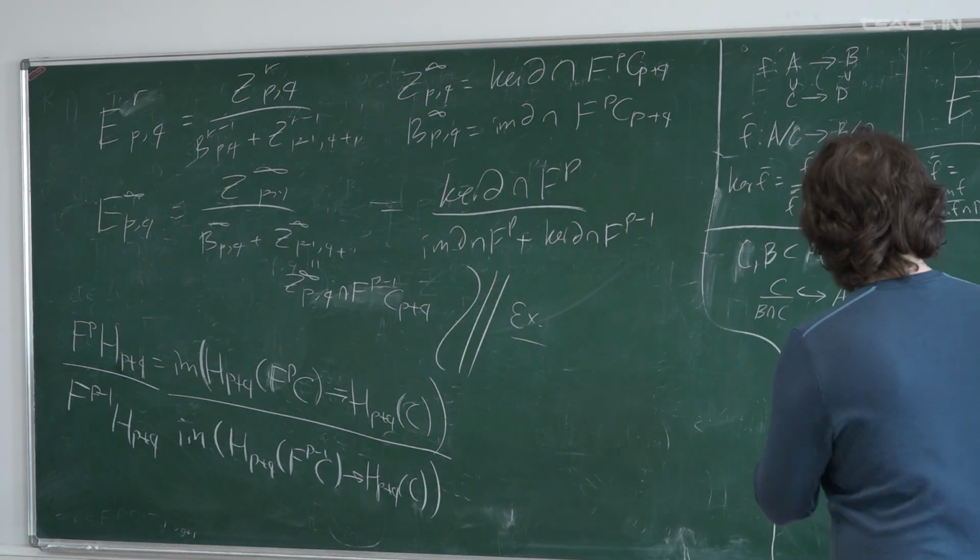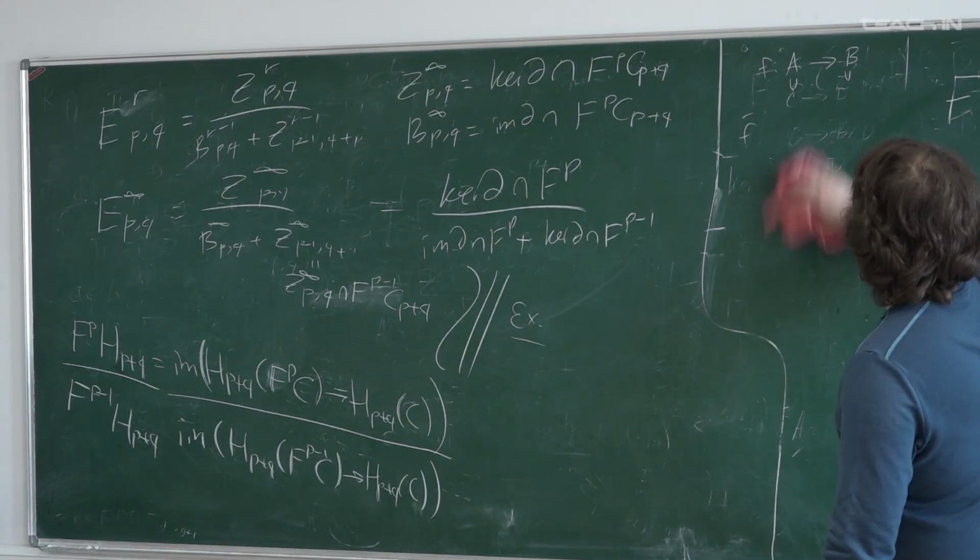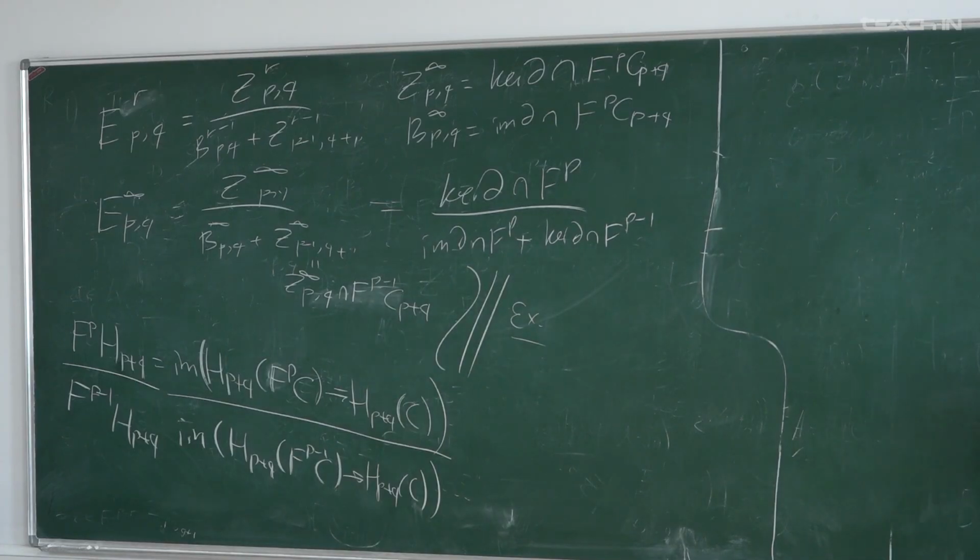Example. Let's consider an example. Spectral sequences are best understood by examples, because it's a tool. Meanwhile, there exists a relatively deep theory of spectral sequences itself, but we will use it as a tool.